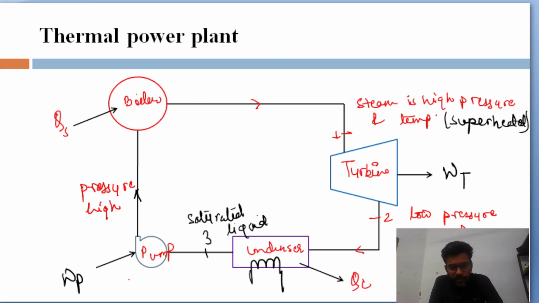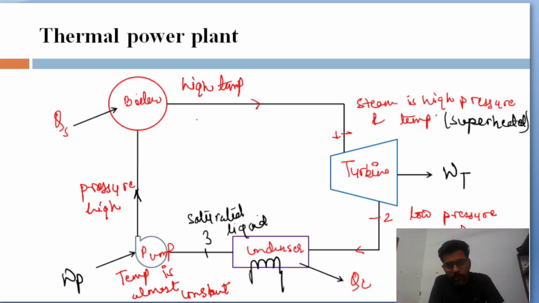In the boiler heat is supplied, so its temperature and pressure also increase. After the boiler the steam is generated, which has high temperature and pressure. So this is the simple overview of a thermal plant.